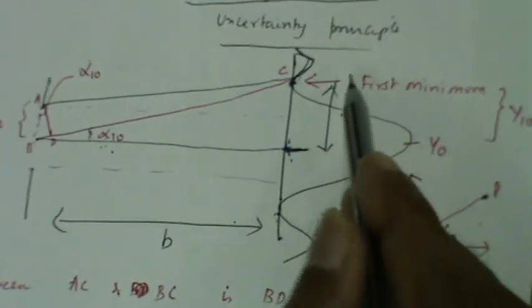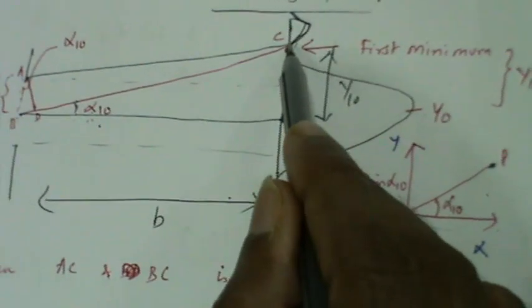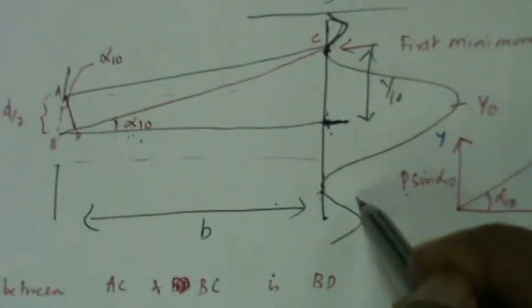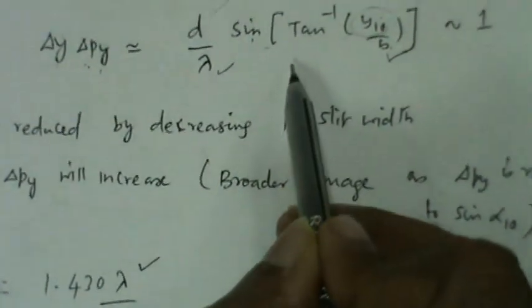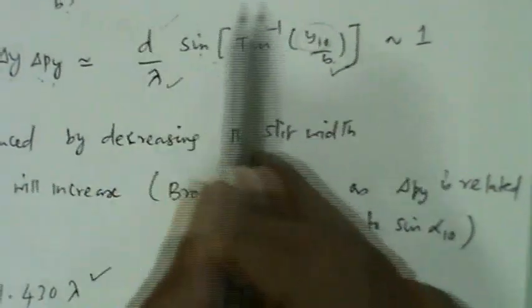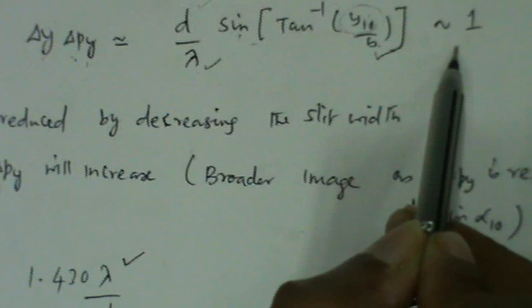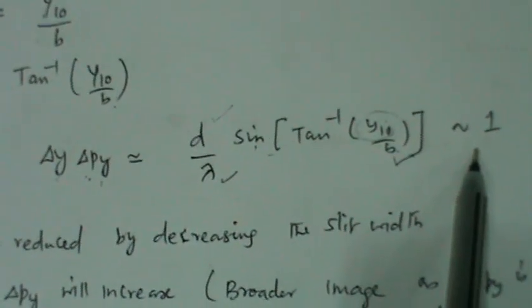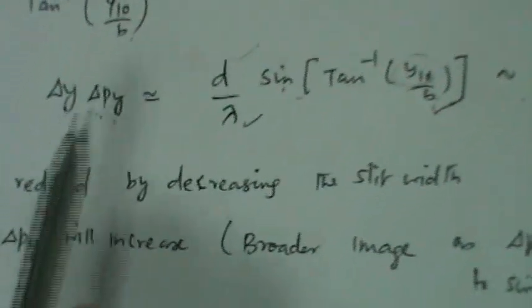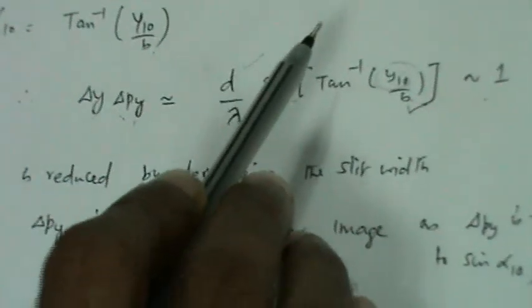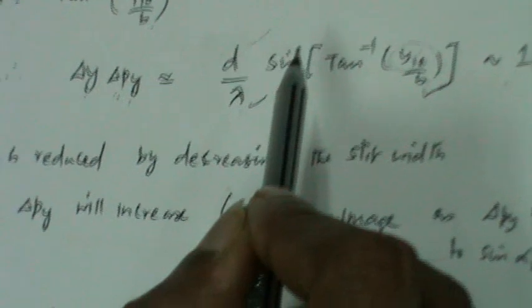We only need to find the position of the first minimum with respect to the central maximum on both sides, as we want to check whether this relation is equal to 1 or not. So this is all about the theoretical basis of Heisenberg's uncertainty principle and its verification.